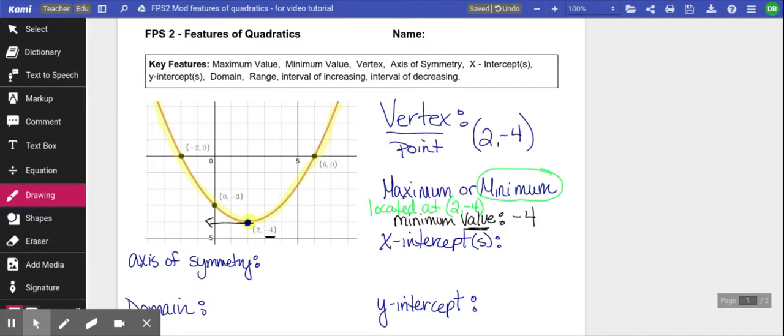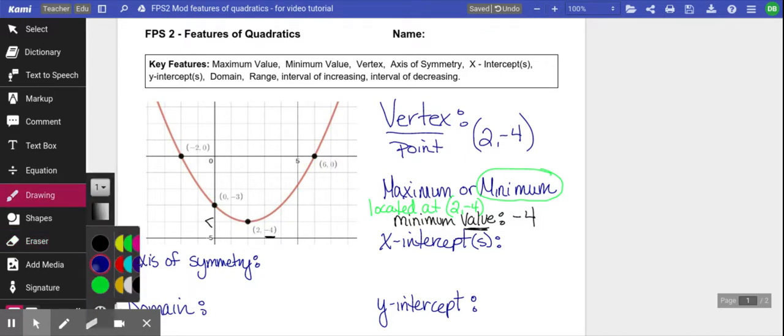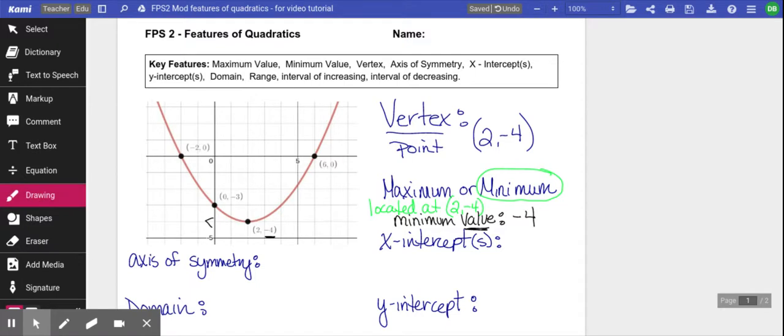Okay. The next thing that we want to look at are the different intercepts that occur with a quadratic. First off being our x-intercept. Our x-intercept is going to be where the graph crosses the x-axis. So this is my x-axis, and this is my y-axis.